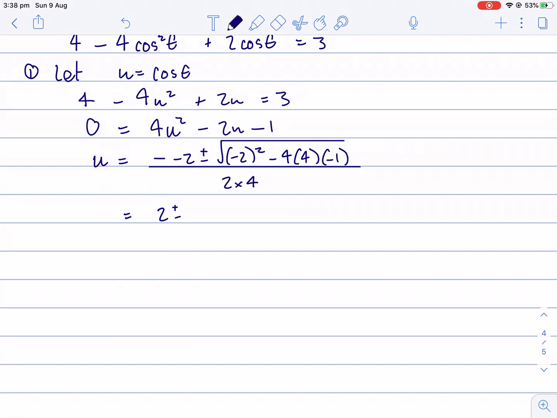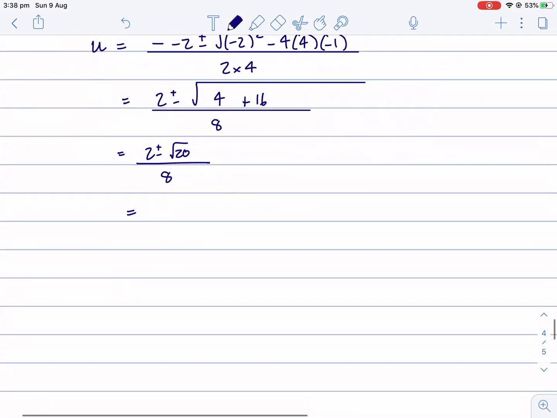So I've got 2 plus minus the square root of 4 plus 16 all over 8. 20 can be simplified to, well, 20 is 4 times 5, so that's 2 plus minus 2 root 5.